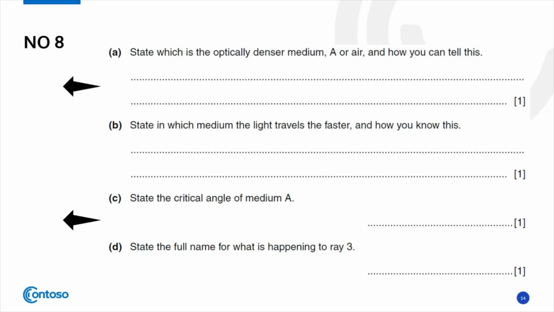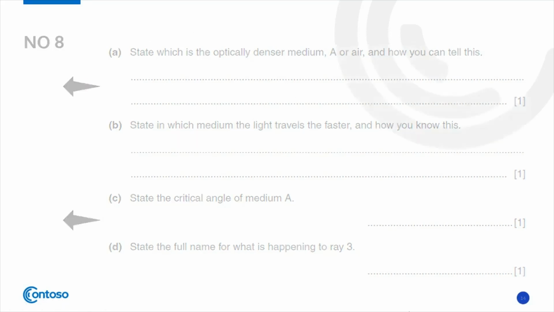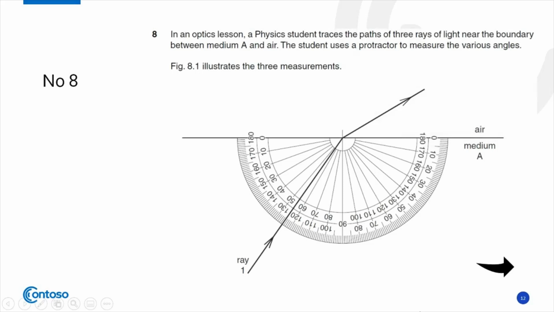Question 8a. State which is the optically denser medium, A or air, and how you can tell this. To answer this question, we have to go back to the first measurement. On the first measurement, we can see that the ray of light is refracted away from the normal.